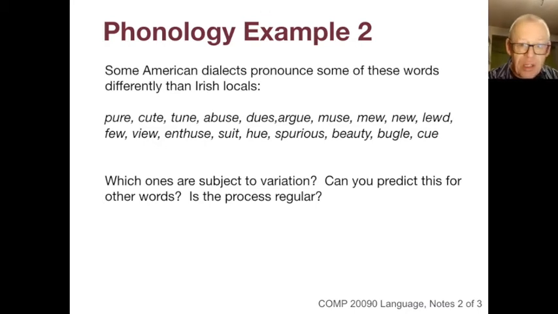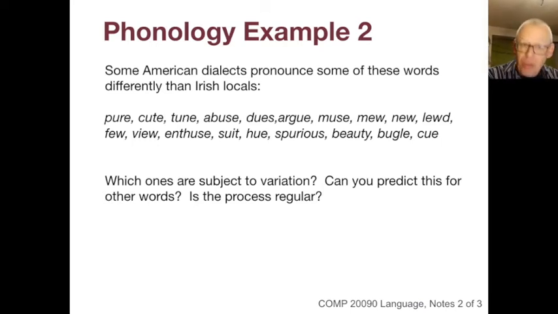And some of these words are pronounced the same in New York, and some of them are pronounced differently. So if you go to New York, they say pure, like us. They say cute. But here comes one. Tune in Ireland is a toon in New York.